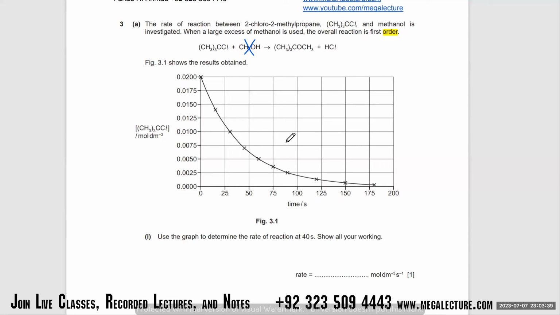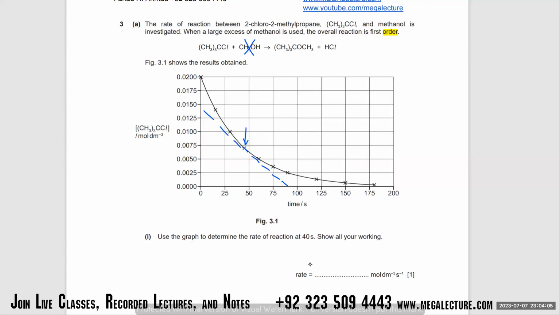They plotted concentration with respect to time. So what is rate? You would just divide it. No, at 40 seconds, you're going to sketch a gradient. And let's say that's your gradient.